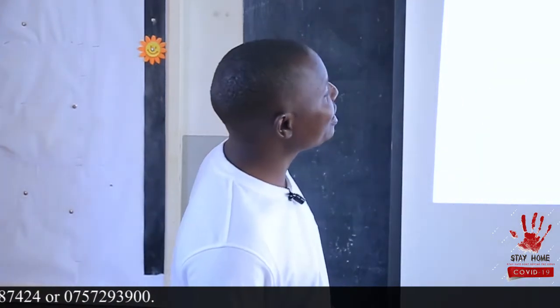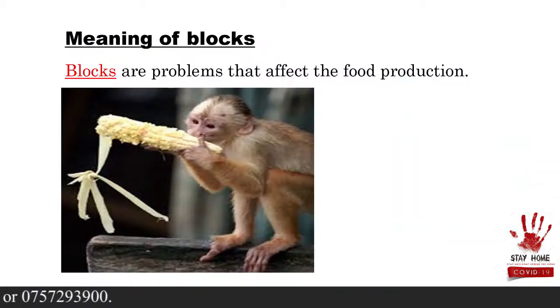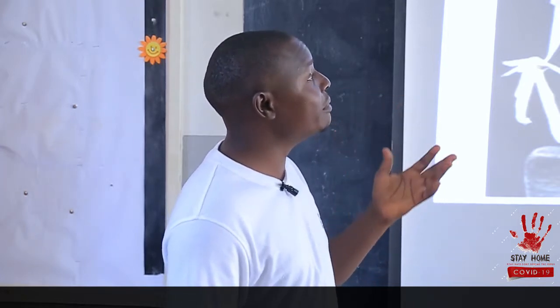I think you can see one problem here. You can look at this problem which is taking place. A monkey is eating maize. It is eating someone's maize. That's a block. So they are just problems that affect food production.